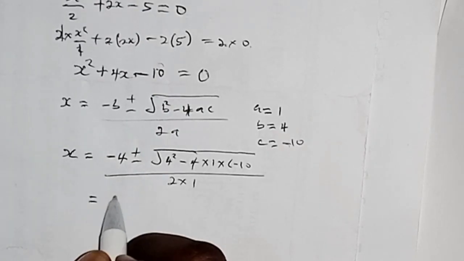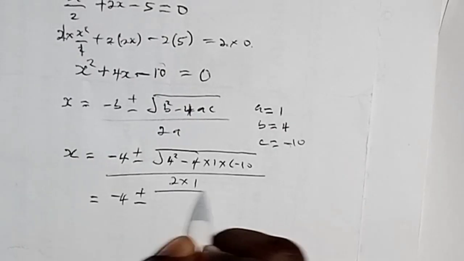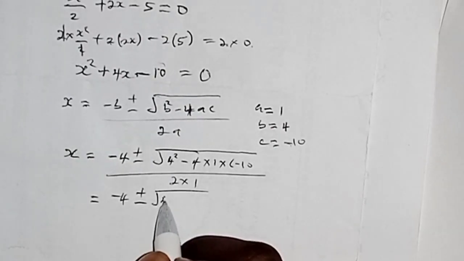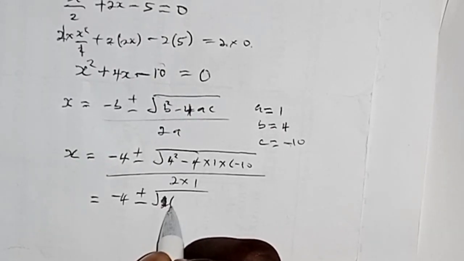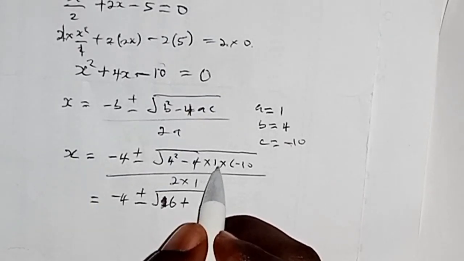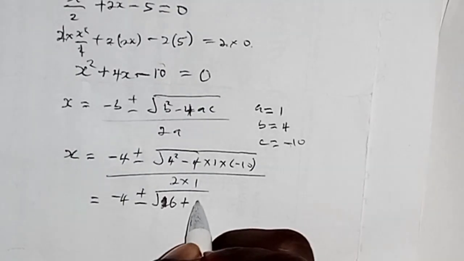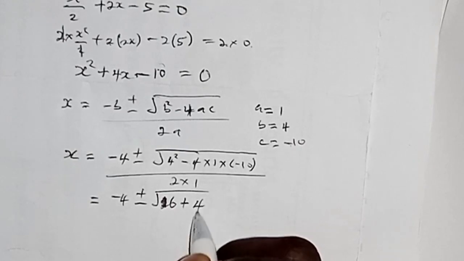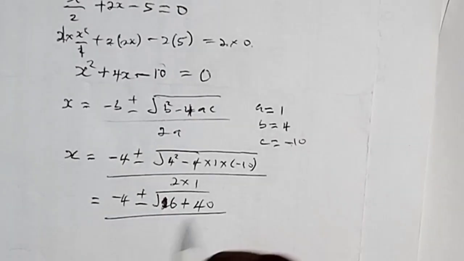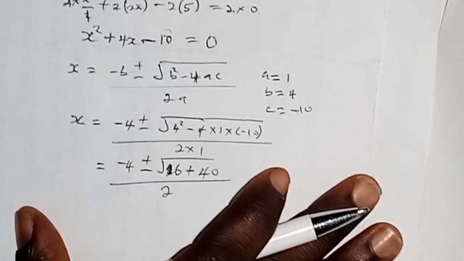Simplifying further, this is equal to minus 4 plus or minus the square root of 16 plus 4 times 1, which is 4, and 4 times 10 gives us 40, and it's all divided by 2. This is what we have.